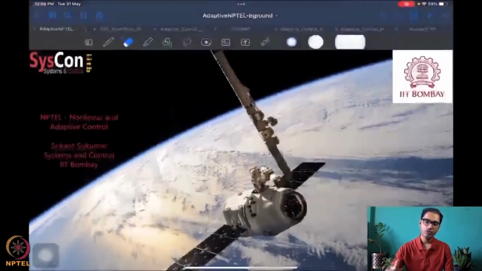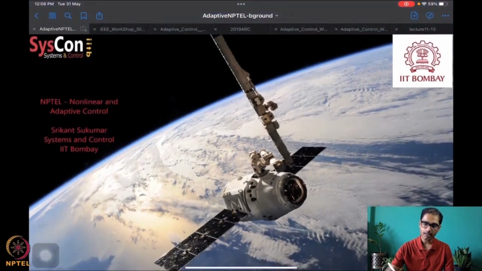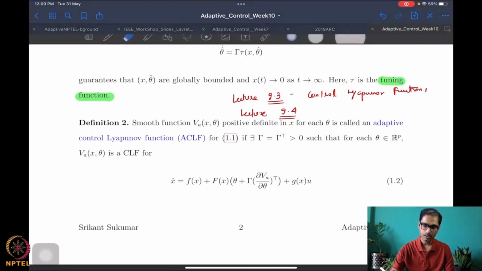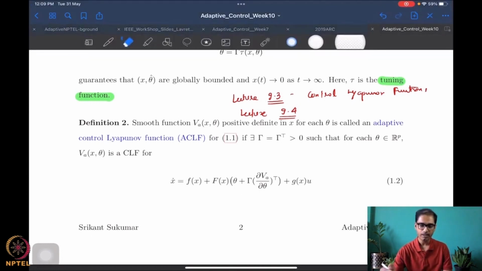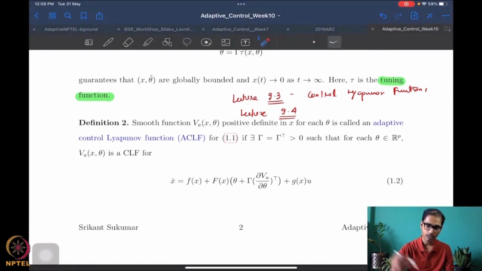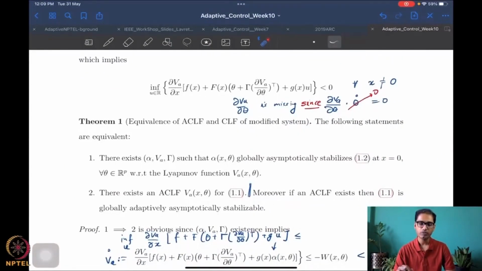So what we were doing last time was essentially in this week 10 lecture notes, and we had started looking at the notion of adaptive CLF, adaptive control Lyapunov functions, right? We talked about the equivalence of the adaptive control Lyapunov function and the control Lyapunov function for the modified system.